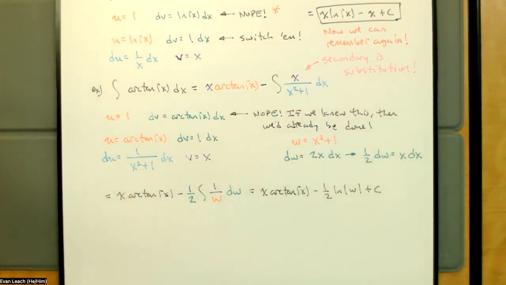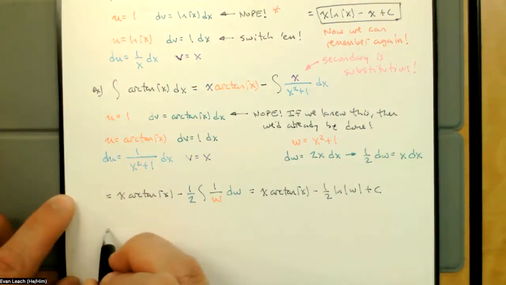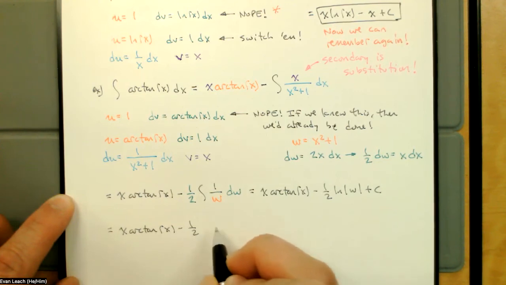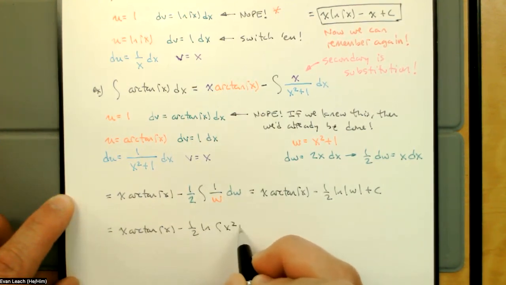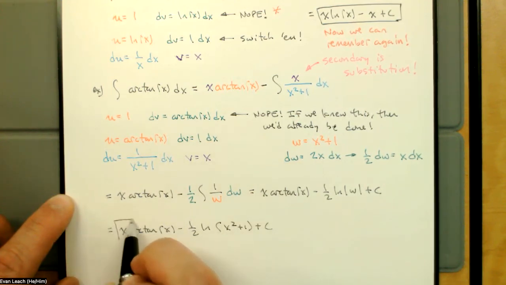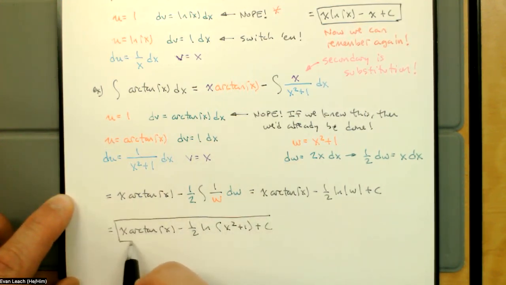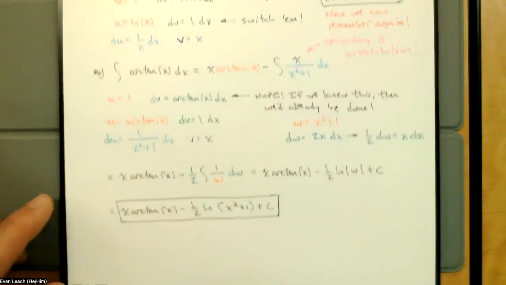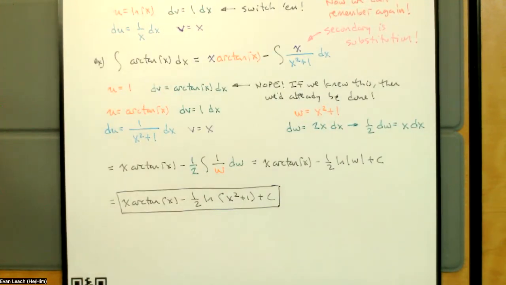We can't leave our answer in terms of w. The problem is stated in x. We have to answer in x, but we just need to replace the w with our expression x squared plus 1. Note that when we integrate 1 over w, we get natural log of the absolute value of w.